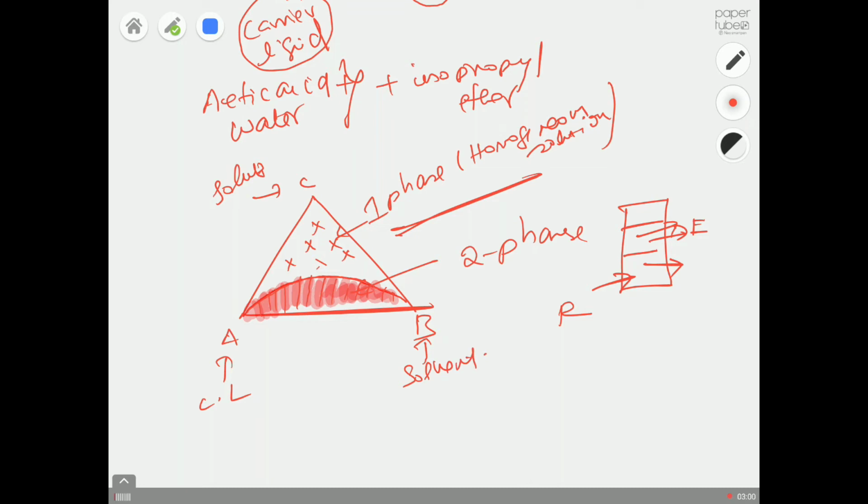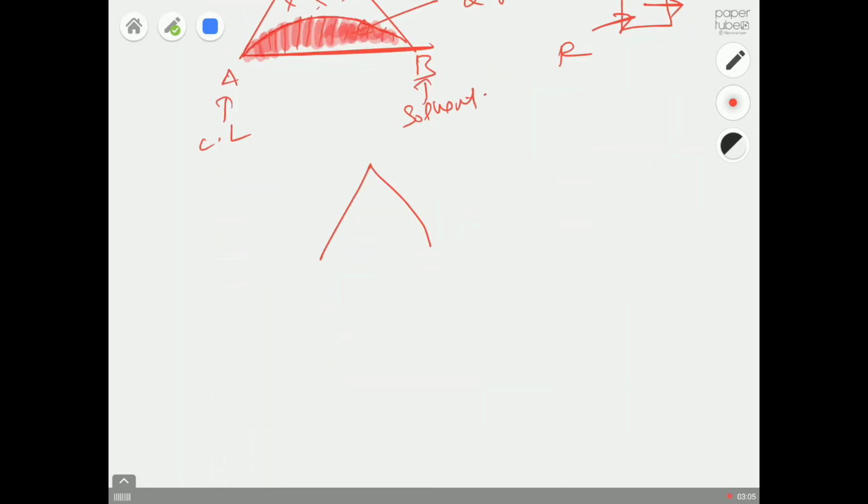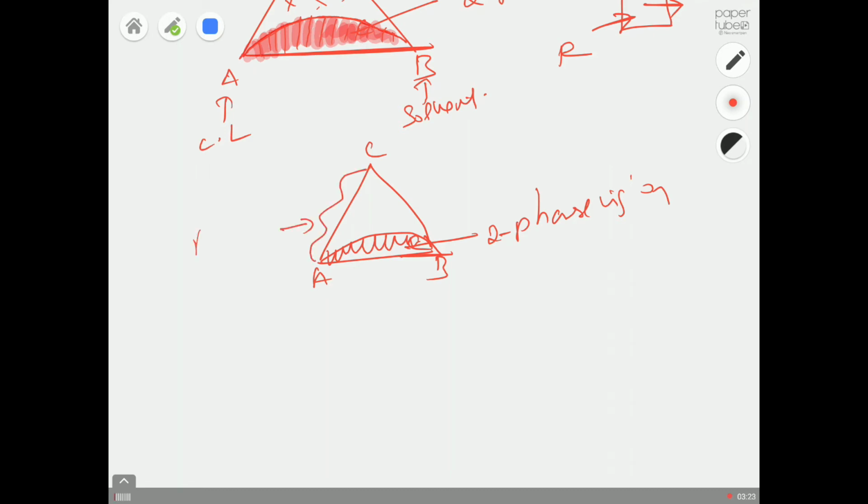And then what else can we learn from this? Another thing that you can understand from a ternary diagram, I didn't tell this during the lecture time. So CAB, if you get a graph something like this, this is your two-phase region, and here you don't see any line on A and C. If you get a graph like this, it means A plus C are completely miscible and C plus B is completely miscible.